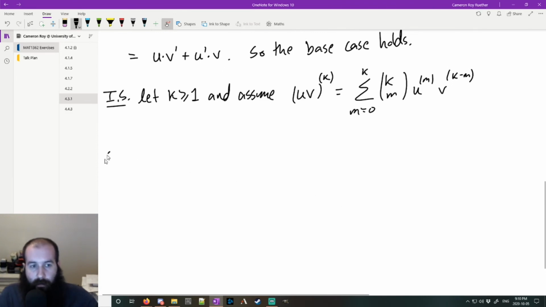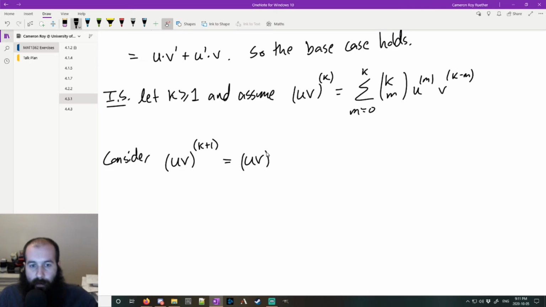Now we want to consider the k plus 1 case, which is the product uv with this operation applied k plus 1 times. Well, this was defined recursively. We know what this is.